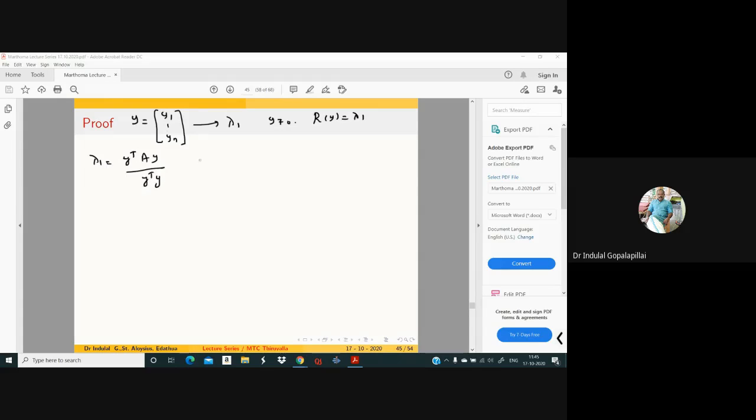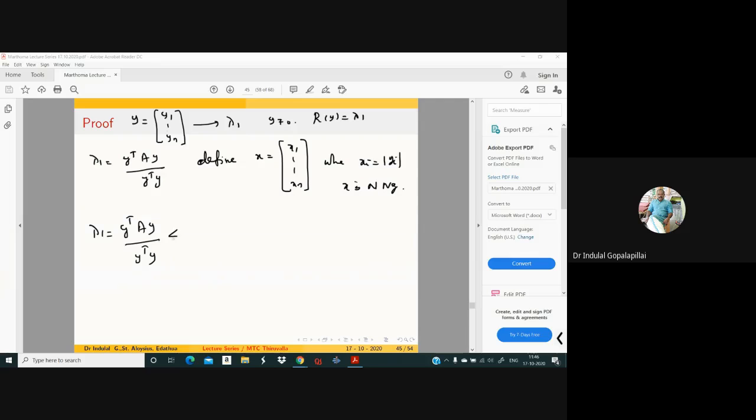See, we define a new vector x equal to x1, x2, etc., xn, where xi is equal to modulus of yi. Therefore, clearly x is non-negative, because x consists of all modulus values of yi's. Now we have lambda 1 equal to y transpose Ay by y transpose y, and all the entries of x are modulus of yi's.